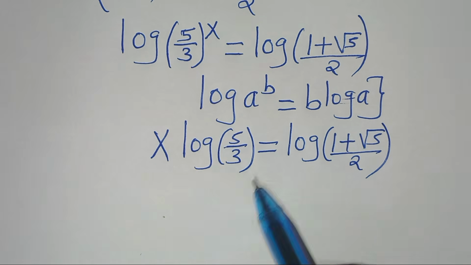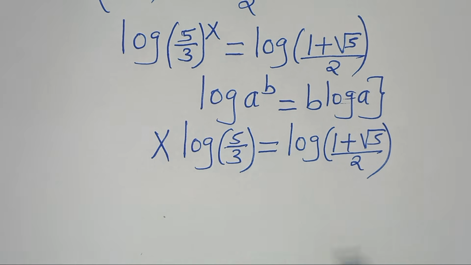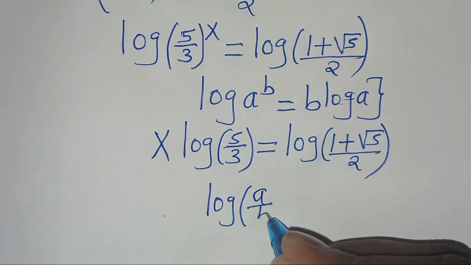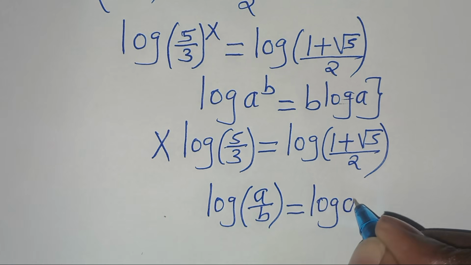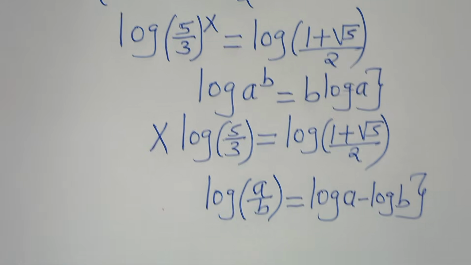Now the next step from here, log (5/3) and log of (1 + √5)/2 are in the form of log a over b, which we can express as log a minus log b.